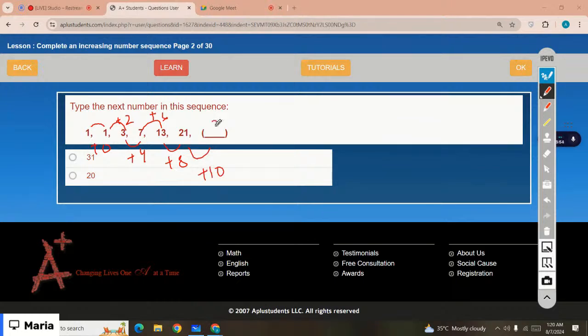So 21 plus 10 is 31. The next number in the sequence is 31. Option number 1 is the correct option.